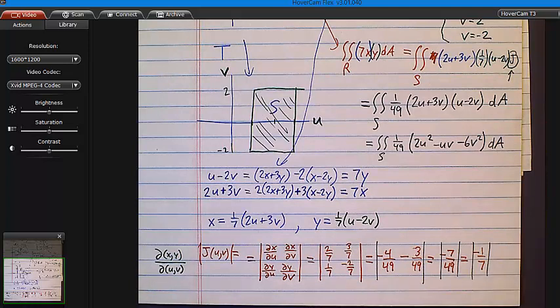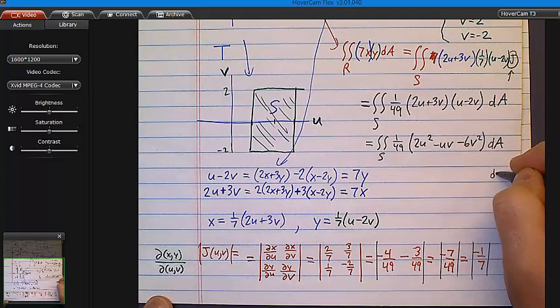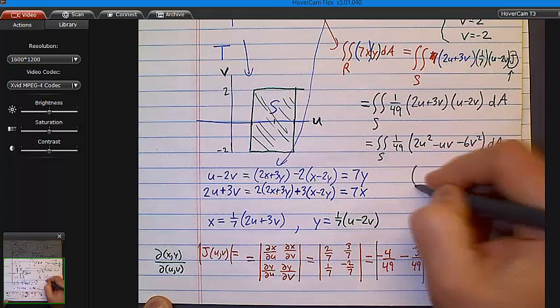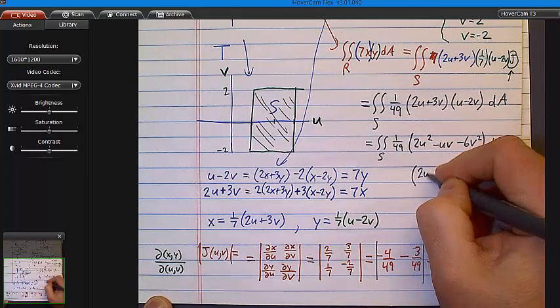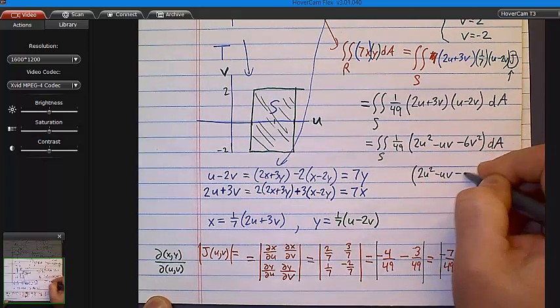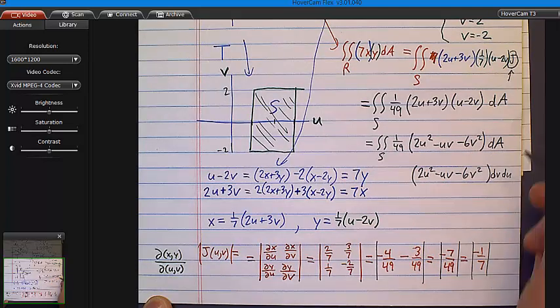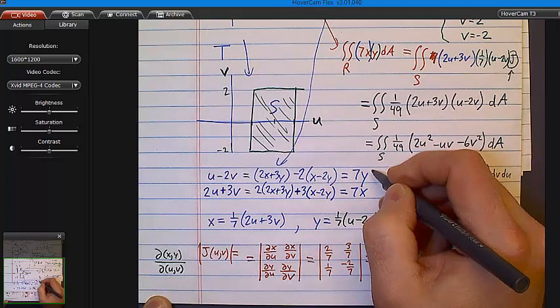We either go du dv or we go dv du. So I'm going to go dv du. Let's work that out. So let's see. If I'm going to go dv du, this double integral is 2u squared minus uv minus 6v squared. I'll put the 1/49 out front.